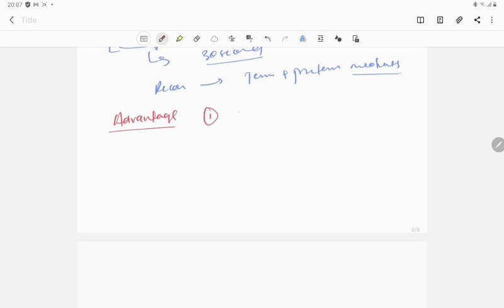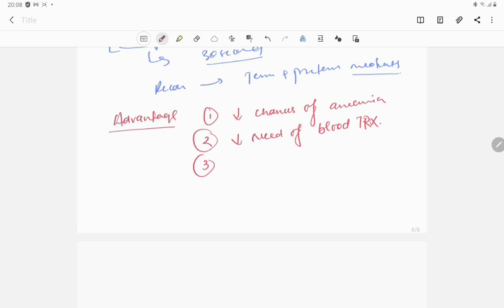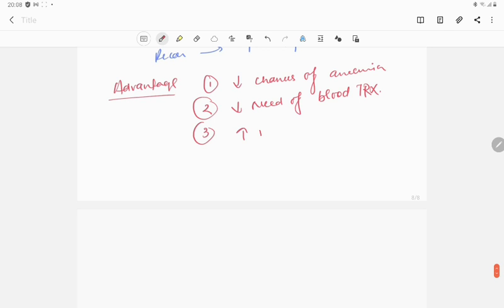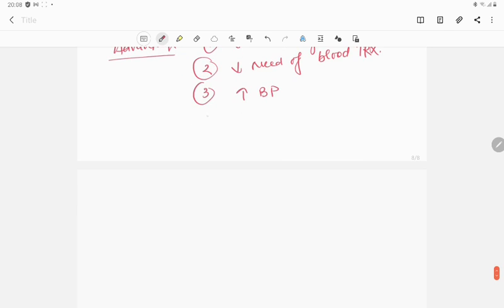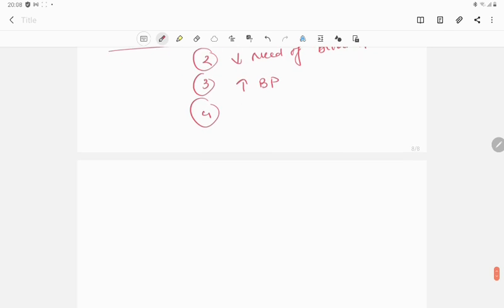Advantages of delayed cord clamping. First of all, there is decreased chance of anemia, right? What else? There is decreased need of blood transfusion, right? There is good blood pressure, right? What else?